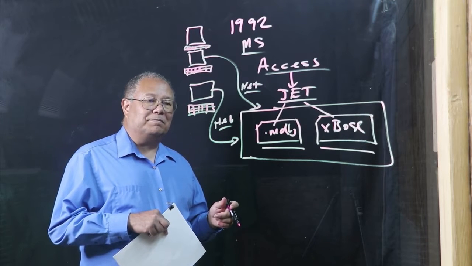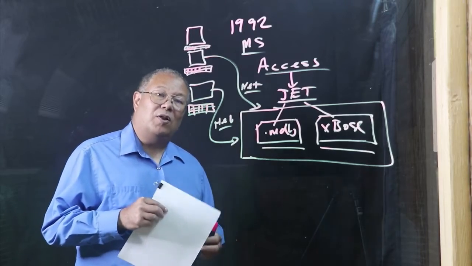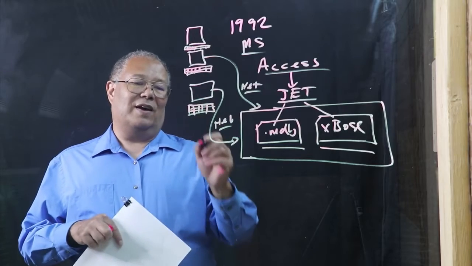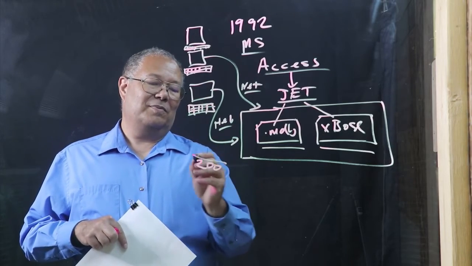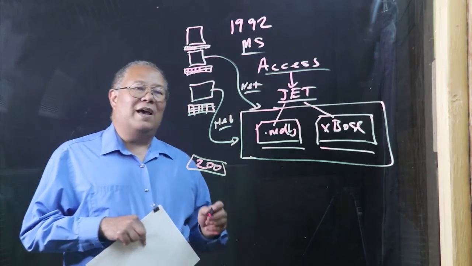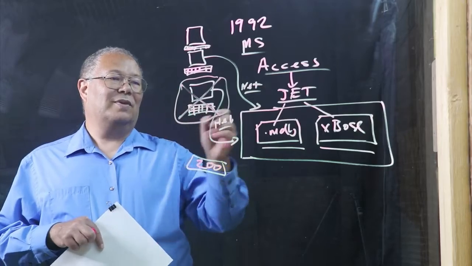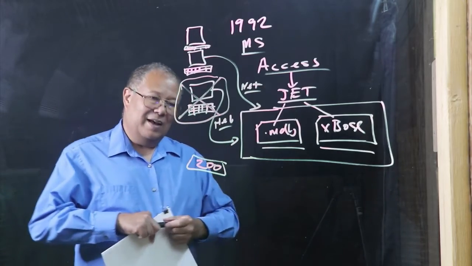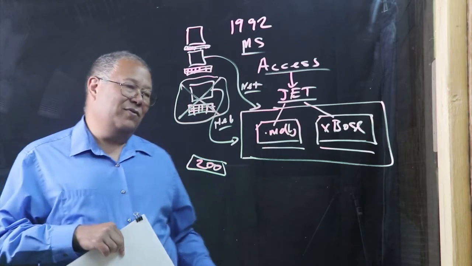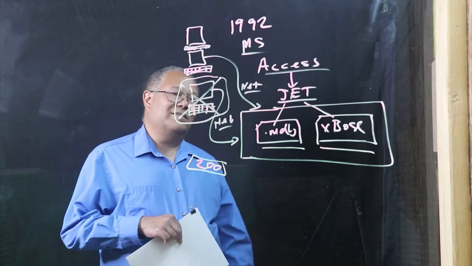In any case, what you see happen in most small offices, I'm talking about small offices here like 200 computers, is that sooner or later somebody installs something and one of these computers goes poof and crashes. Now, if that computer that crashed happened to be holding a lock to that MDB file when it crashed, that lock is not released.